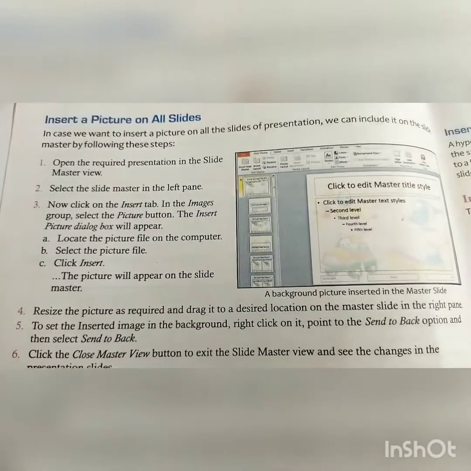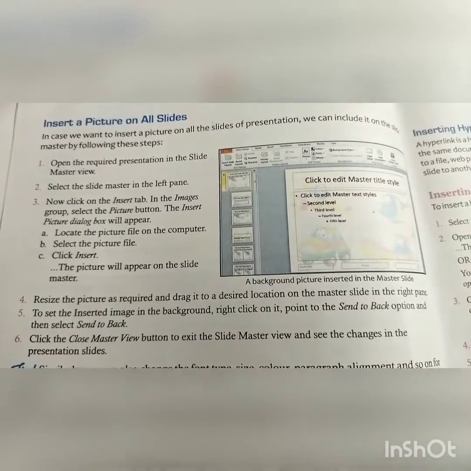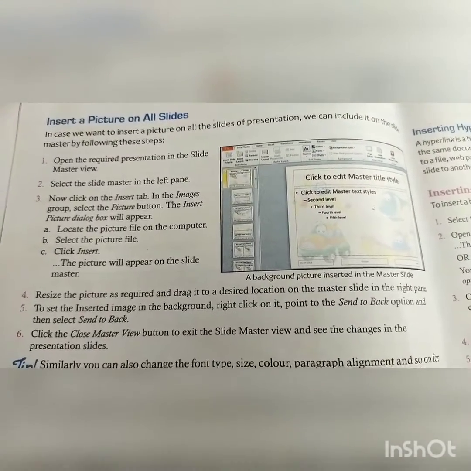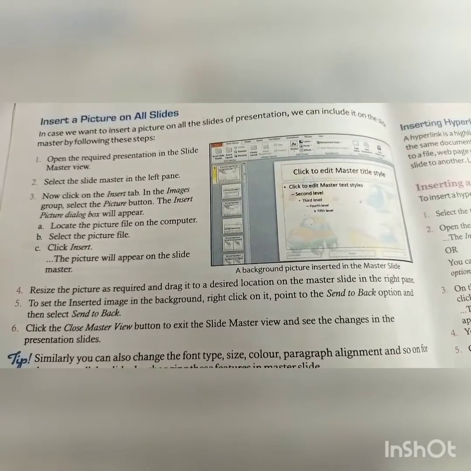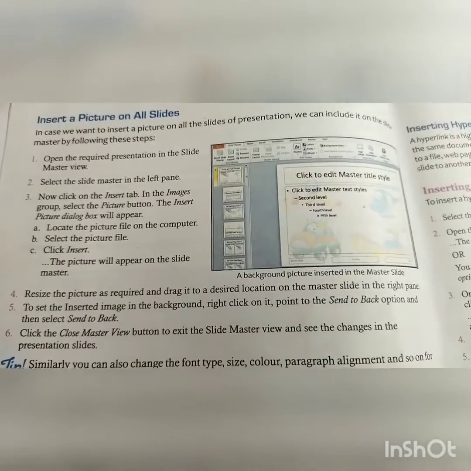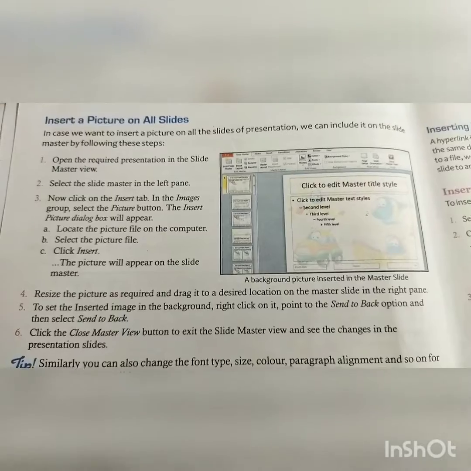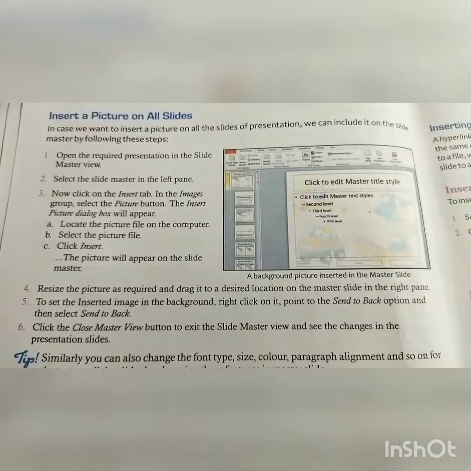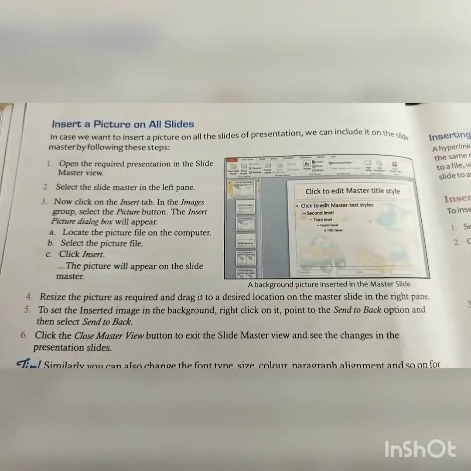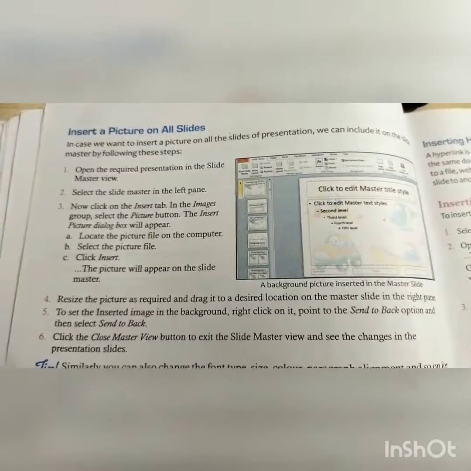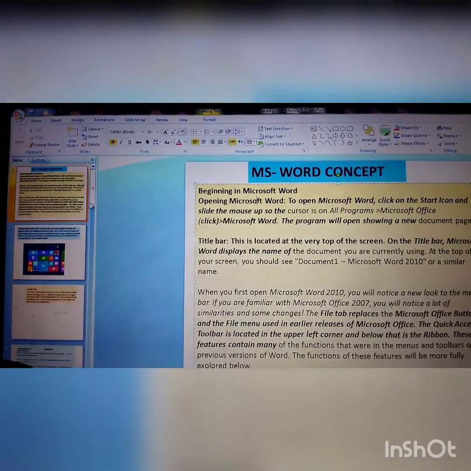The picture will appear on the slide master. Resize the picture as required and drag it to the desired location on the master slide on the right-hand side. To set the inserted image in the background, click on the Send Backward option and then Send to Back. Lastly, click the Close Master View button to exit slide master view and see the changes in the presentation slides. So you can see all the slides, student, in PowerPoint.